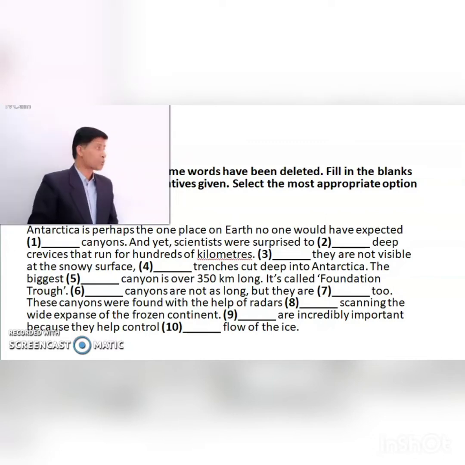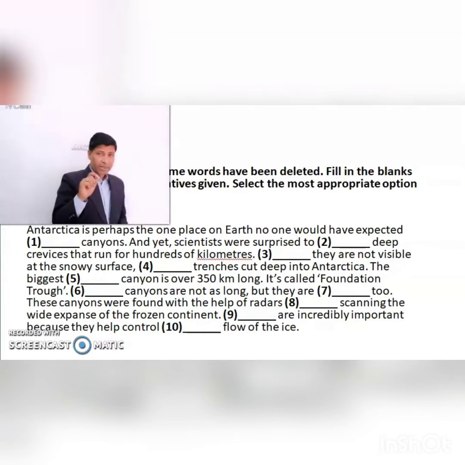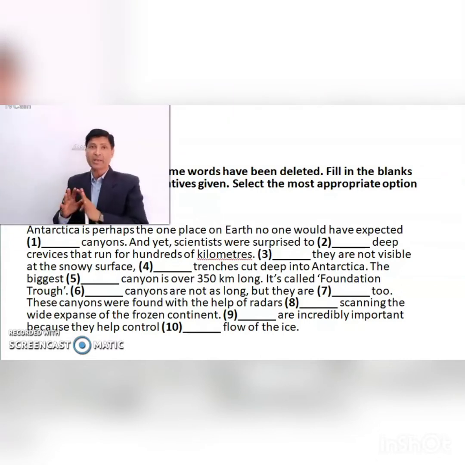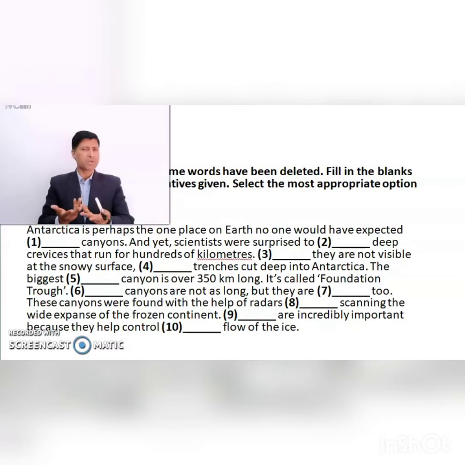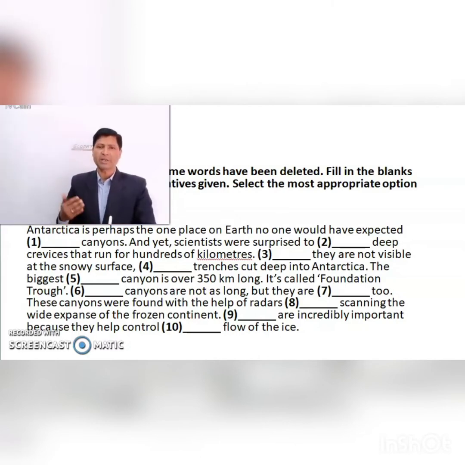So I told you that when you are reading the passage, without looking at the options, try to guess what appropriate words could be fitted over there, and it can be easily done if you understand the passage. So this passage is talking about Antarctica, and it says that Antarctica is perhaps one place on earth no one would have expected.